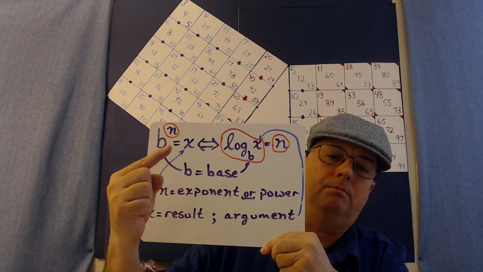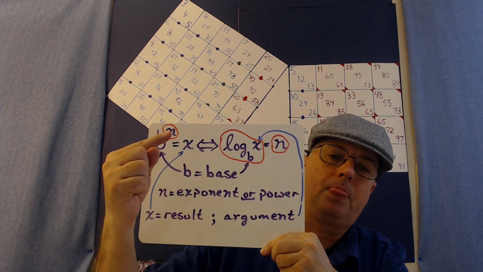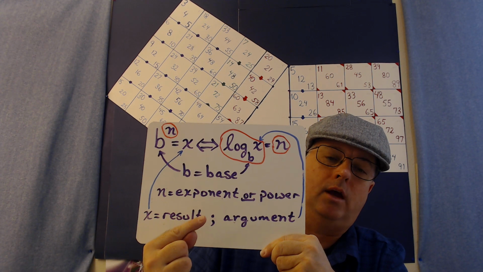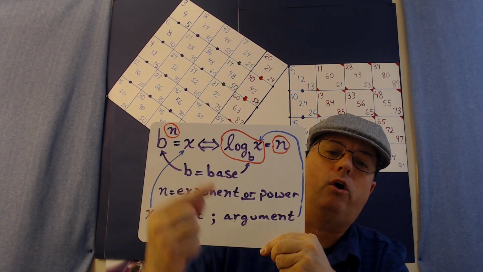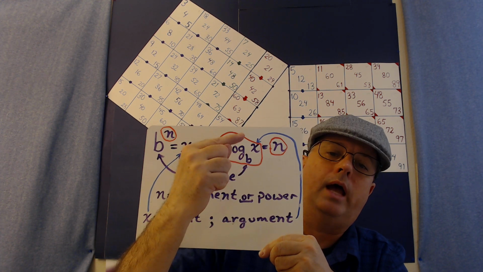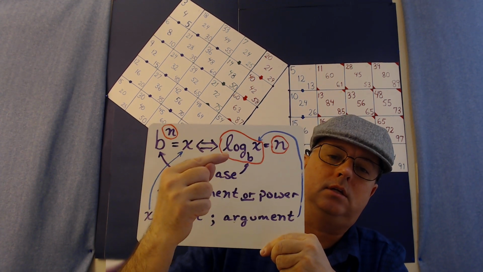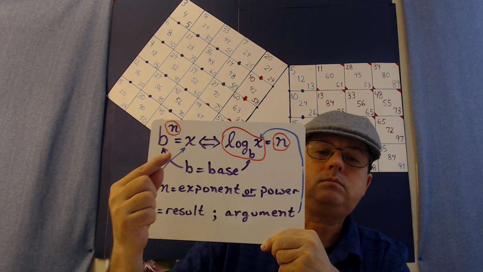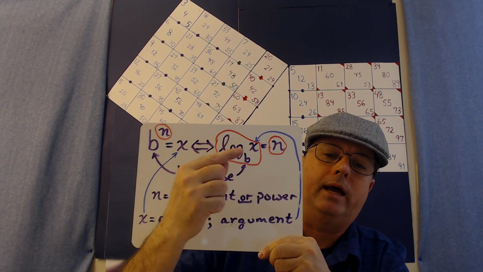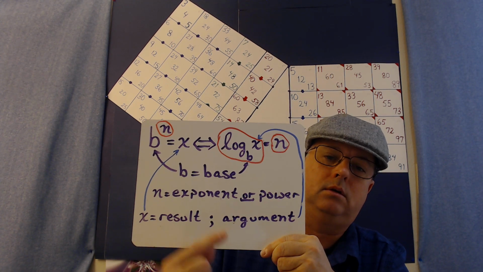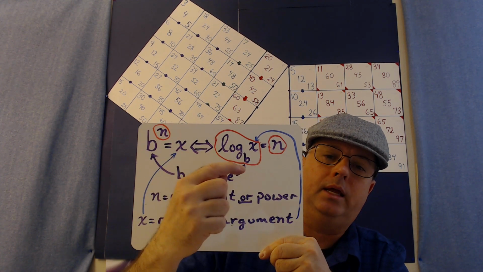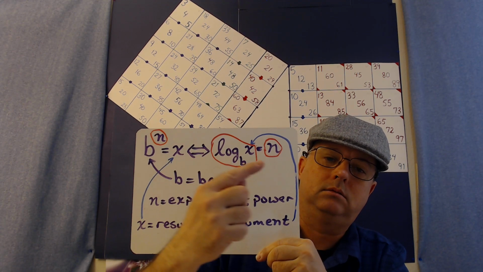And when we raise a base to a power, we get a result. And that result is thought of as the argument of the logarithm. So log base b of x. What is our discussion item? The x, the log of x. And so that's our argument. The log base b of x equals n.